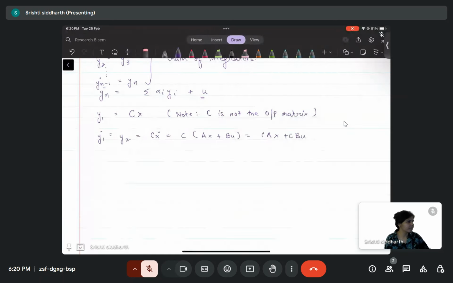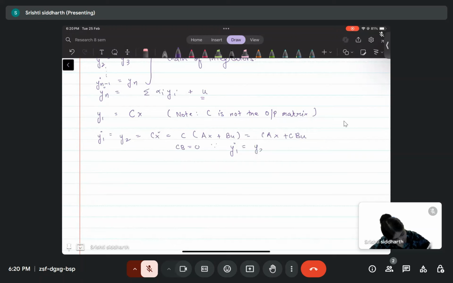Alright. So we want CBu to be 0, because y1 dot should be exactly y2, right? And we can write y2 as CA times x.